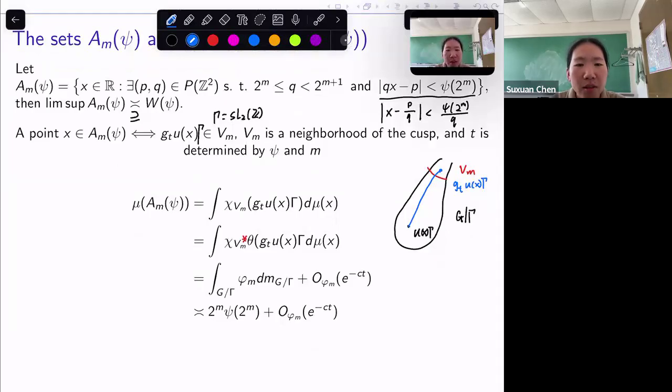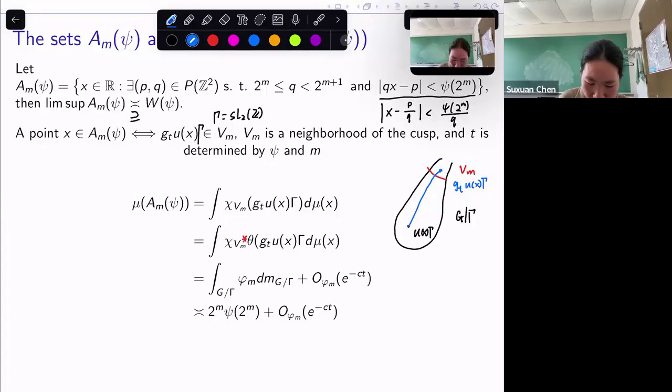So for the left-hand side, we just use mu(A_m(psi)). And for the right-hand side, we have the integral of g_t u_x Gamma multiplied by the characteristic function of V_m, because if x is inside this set, then g_t u_x Gamma is inside V_m. So we have this inequality.